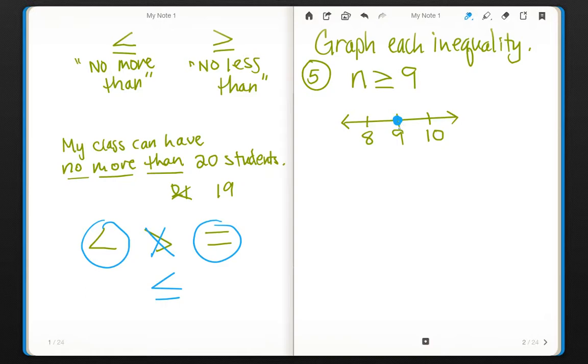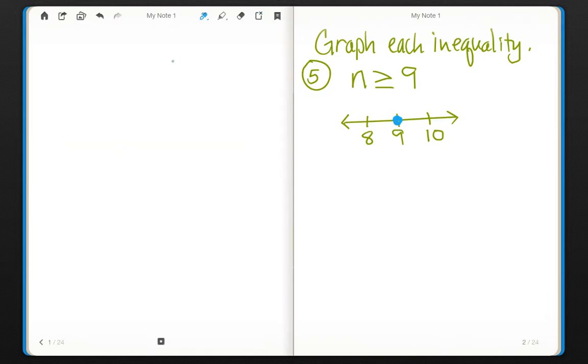It's like, remember when we did coordinate planes and we graphed? You don't need to write this down, but if I were going to graph a point over here on a coordinate plane, and I want the point maybe 2, 3, I put a dot right there because a dot means you want that point. So I want the number 9. It makes it true. It's a solution to this inequality.